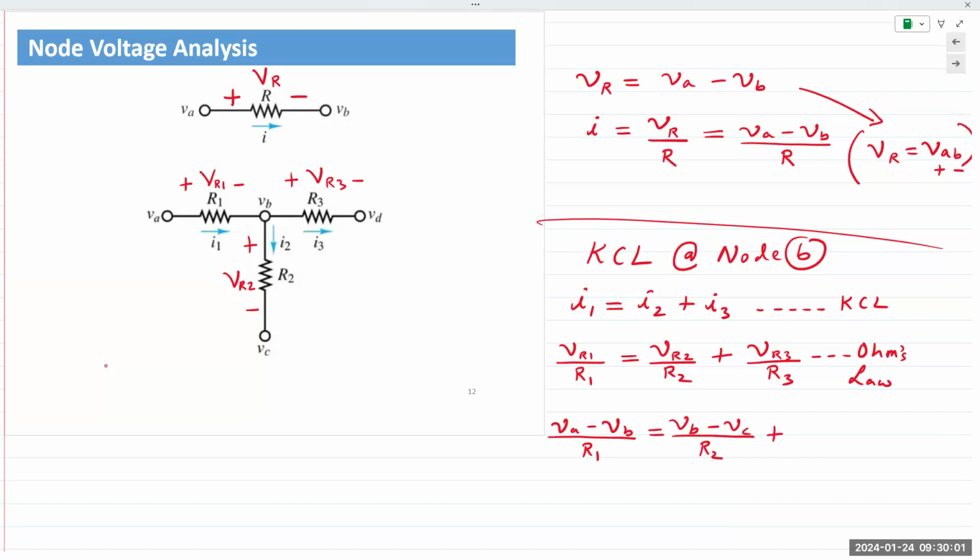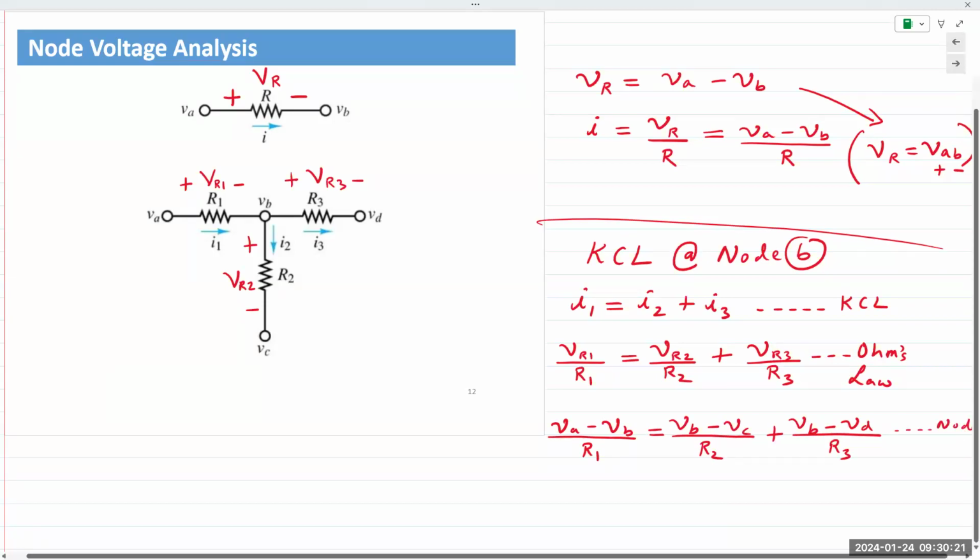And VR3 is VB minus VD over R3. And that's it. That is our equation. Node voltages.